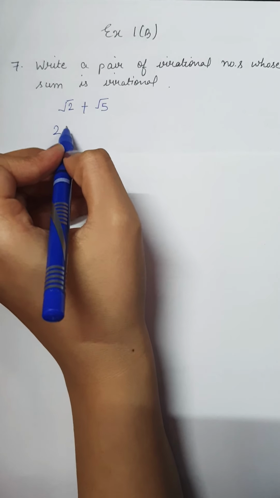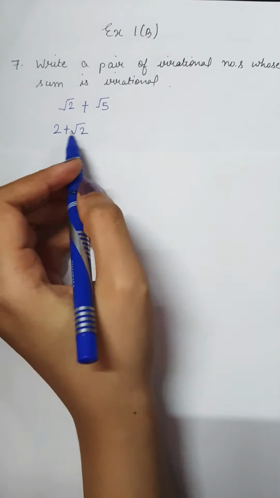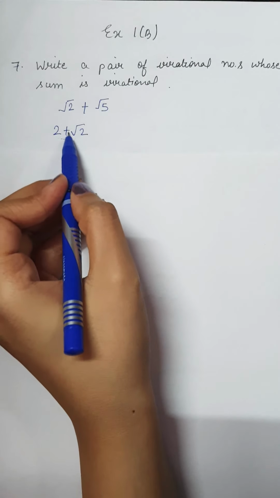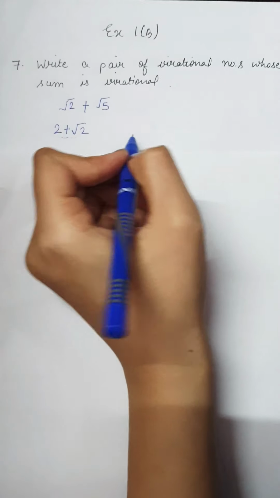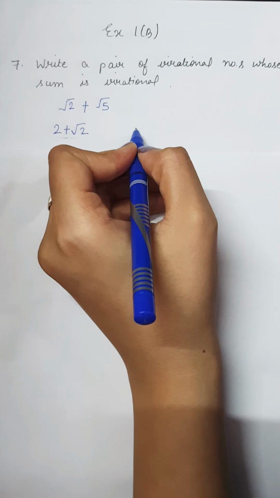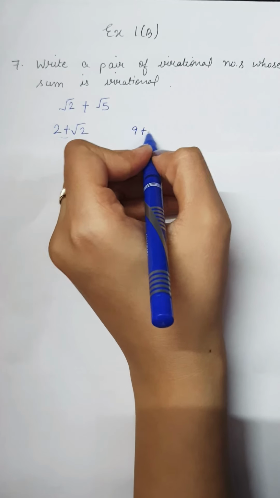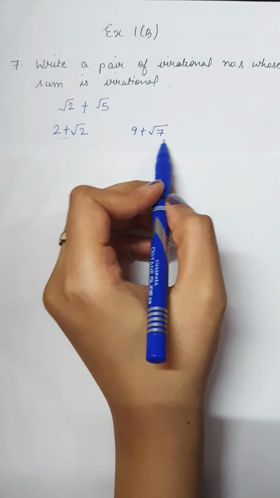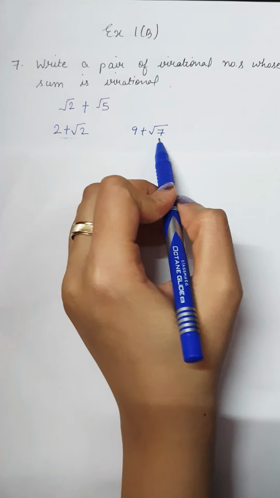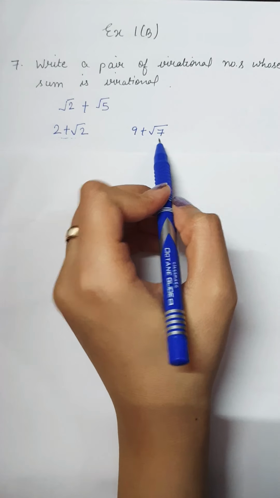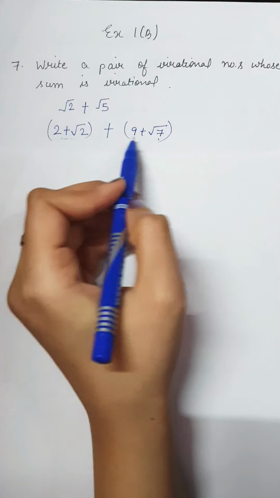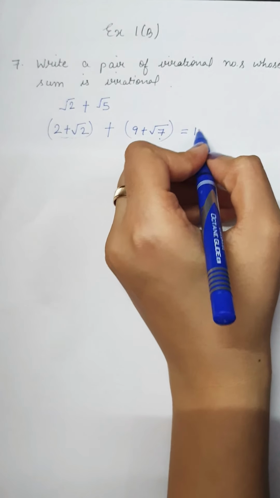Suppose I say 2 plus under root 2. This is an irrational number because it contains root 2. The second expression, say 9 plus under root 7. This expression is also irrational because it contains an irrational number. If I add them both, what will I get? 9 plus 2, 11.